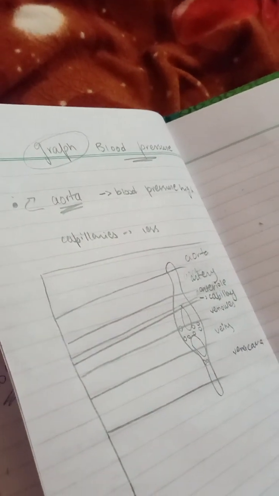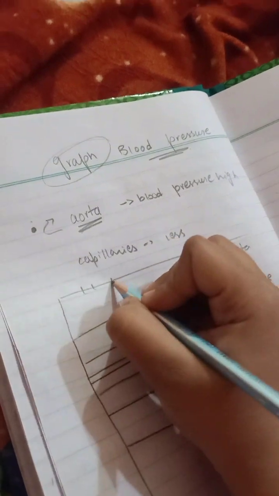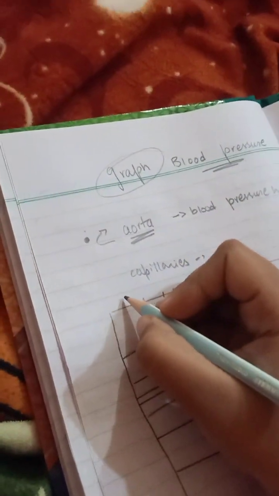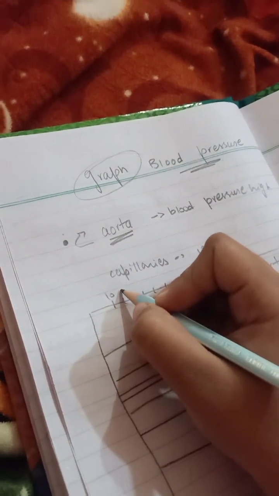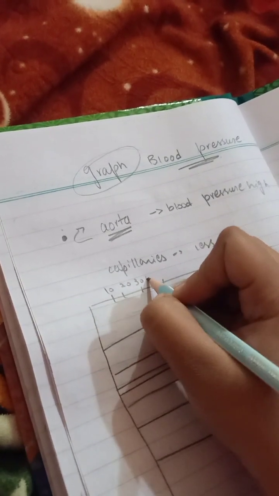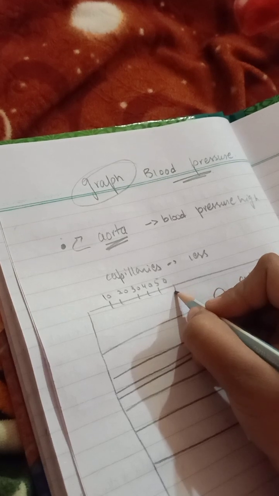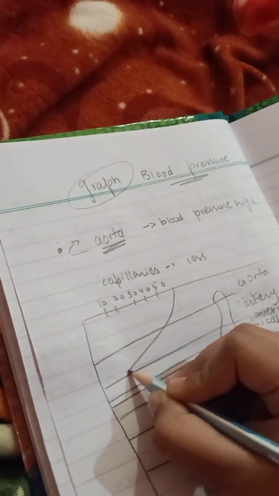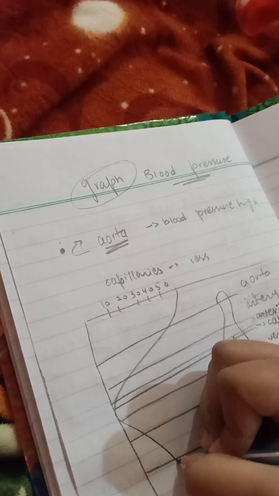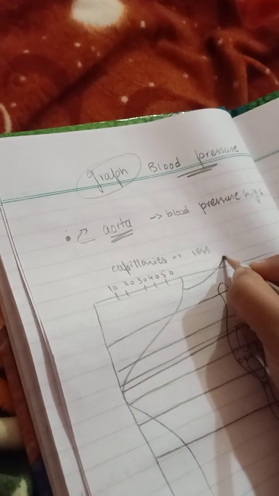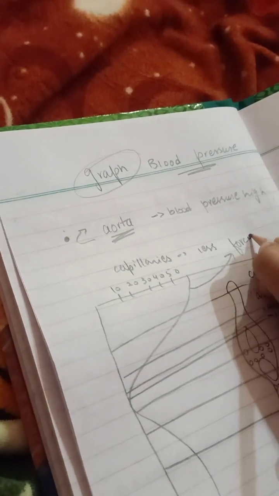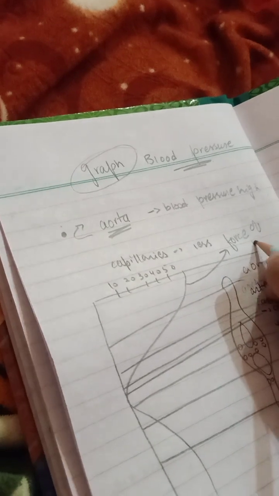So this will tell you about the velocity, the speed of the blood, 30, 40, 50. And this is the force that is applied by the heart, the force through which the blood will flow.